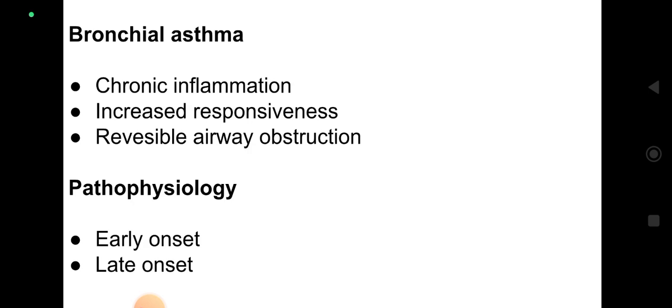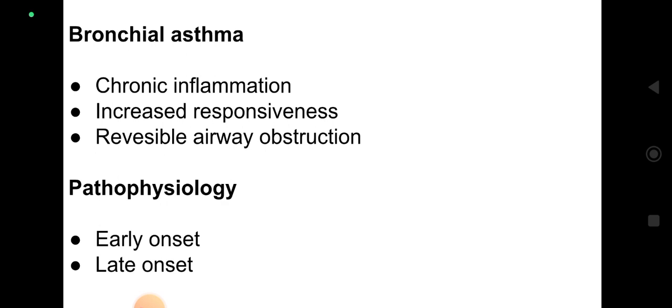Next disease, bronchial asthma. It is chronic inflammation and increased responsiveness of lungs. Reversible airway obstruction happens.